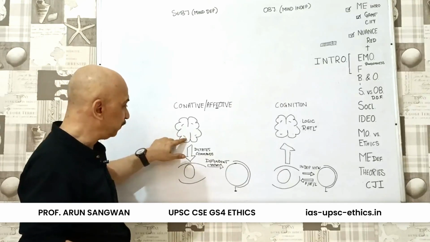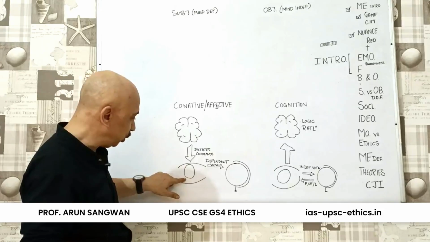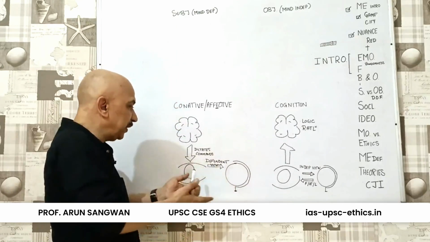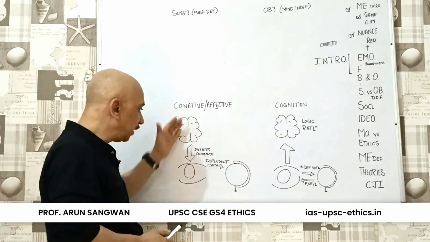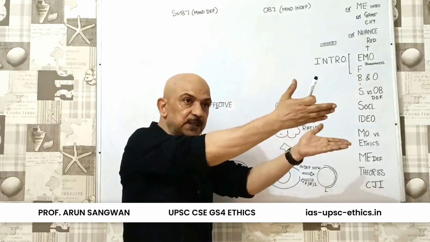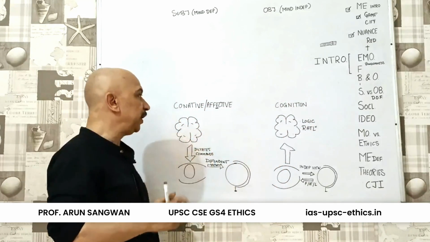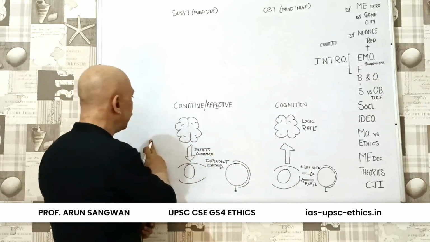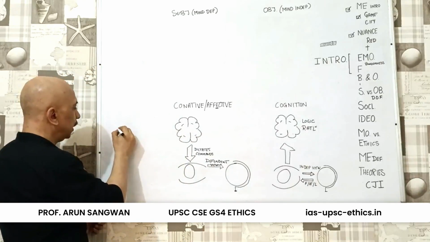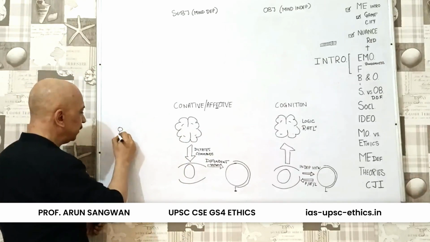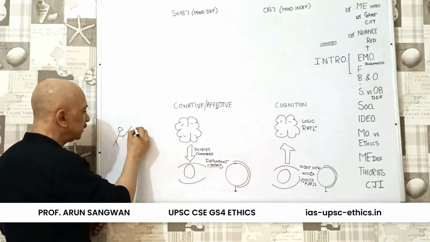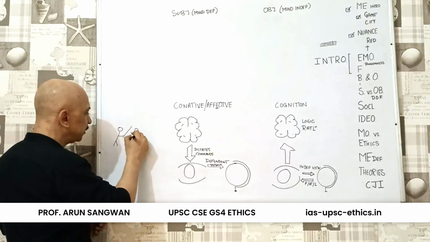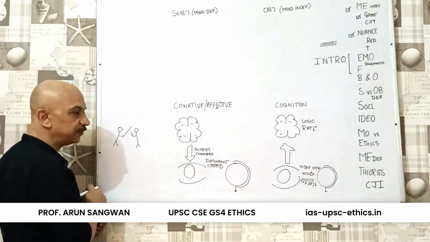So what happens is, this mind dictates, commands you what to see. So if there is something that is happening, it gives you a command how to perceive it. Let me give you an example. Let's say one person is beating this person and this person is trying to defend himself.